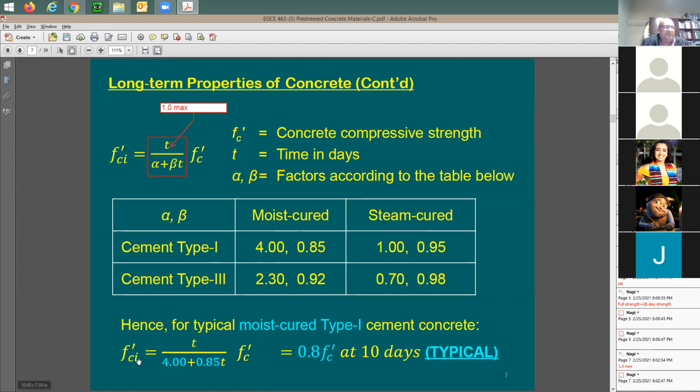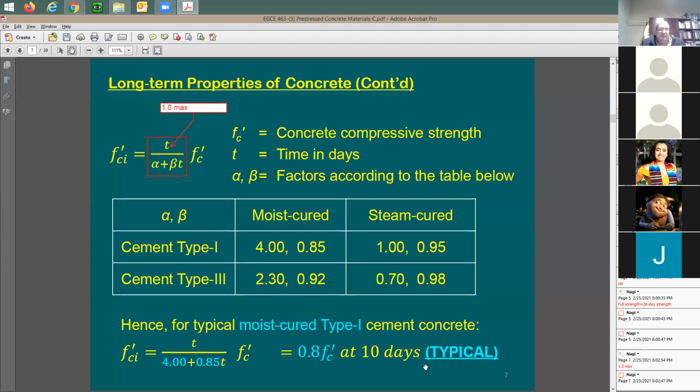If this is the case and you apply 4 and 0.85, it means that you can gain 80% of the full strength after 10 days, which is very typical. This is going to be the standard. Precasters usually use cement type 1, or cement type 2, which is the same value, right?